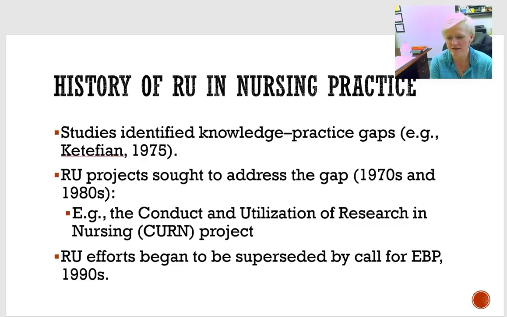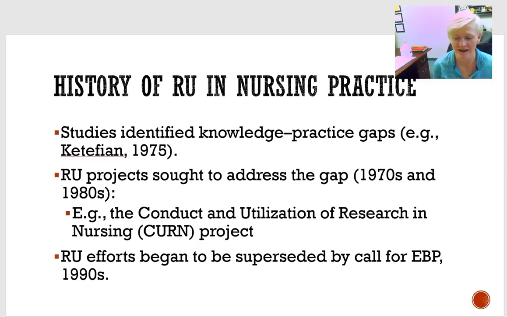So the history of research utilization in nursing practice, like I said, in the 80s, they started doing studies that identified, and we've talked about this in class, those of you that had class with me, this knowledge practice gaps or theory practice gaps, where what was being studied was being done by people, faculty, and people that were a little bit separated from actual clinical practice.